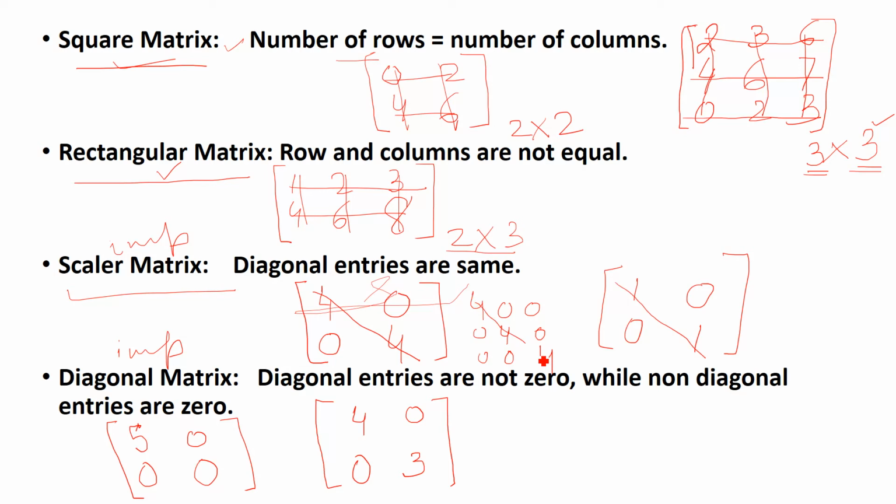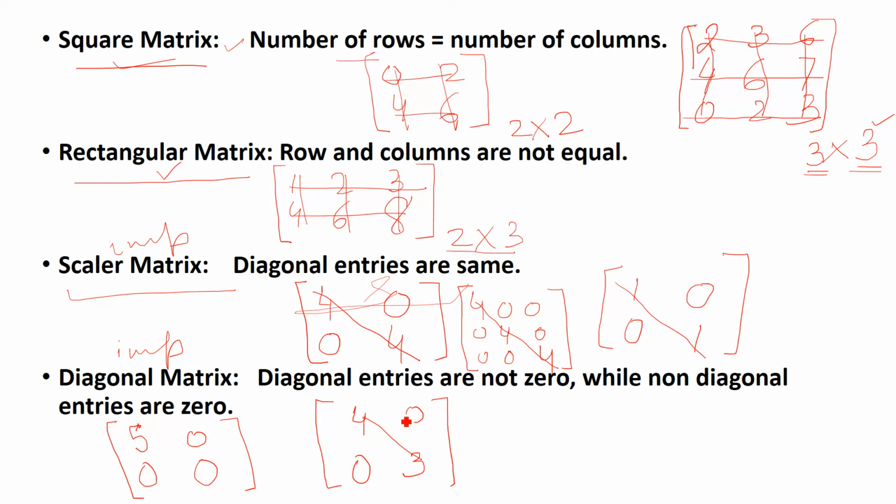See, these diagonal entries are same but not 1. It is called the scalar matrix. And in a diagonal matrix, there should be some numbers in the diagonal but not same. If it is same, it will be the scalar matrix.